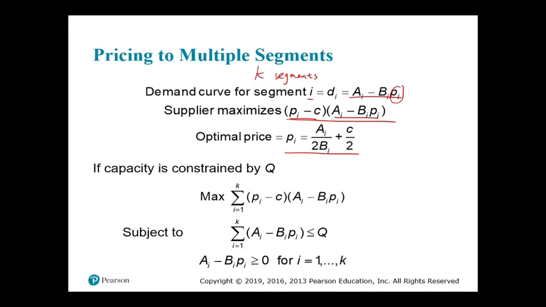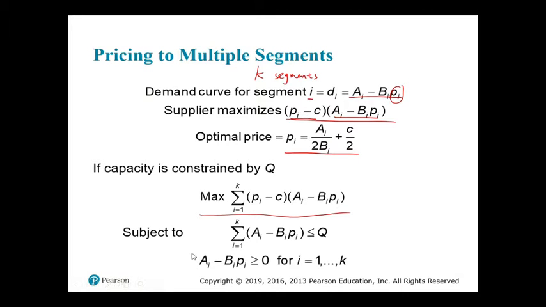So formally, we can formulate this as an optimization problem. Right. What we're trying to do is to maximize the total profit generated from all the segments. But we're subject to constraints, which is the total demand satisfied from our pricing strategy should not exceed our capacity.